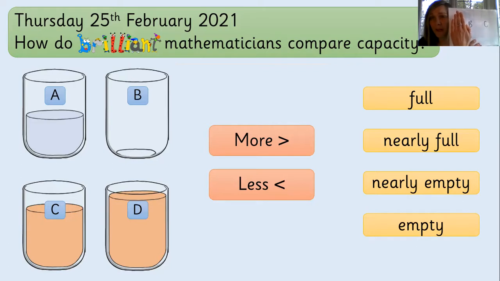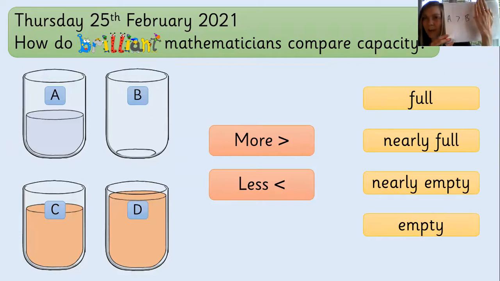But now let's have a look at B and compare it to C. So there's container B. Has it got more or less than container C? Oh, B has got less. B is less than C. So which symbol would we use? Oh, I think I've got it. I'm going to say B is less than C. Look at that maths.